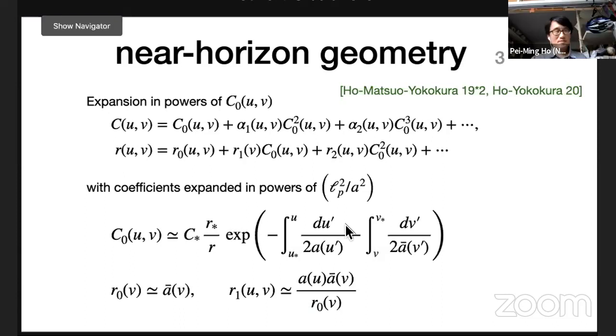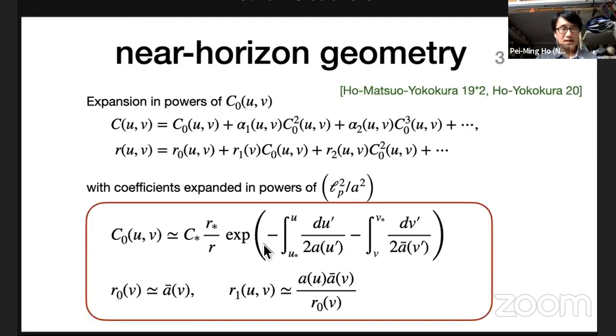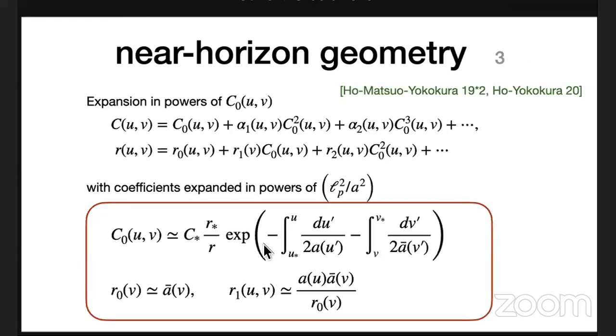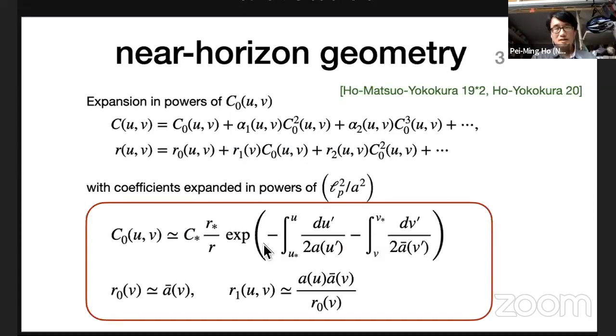Oh, no problem. I didn't show you all the details, but the intuitive idea is that around the near horizon region, T_UU is almost 0. Oh, that is the reason. T_VV dominates. So T_VV gives you a negative energy inflow, which changes the Schwarzschild radius.